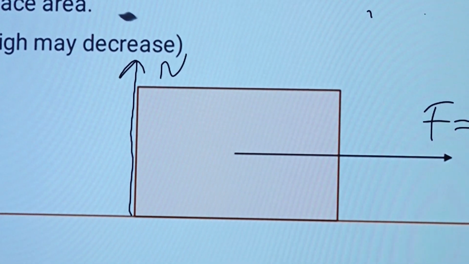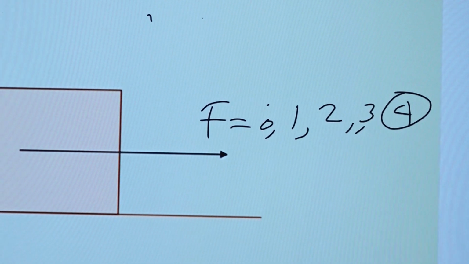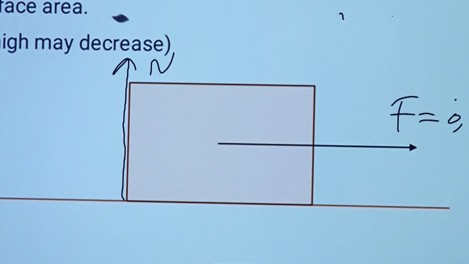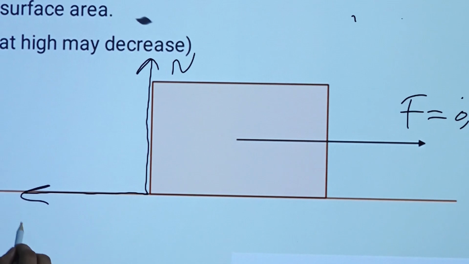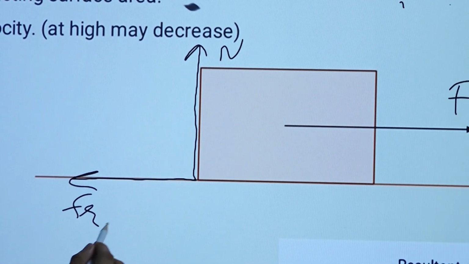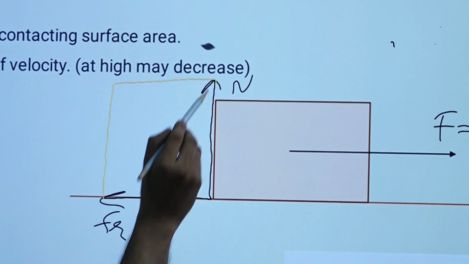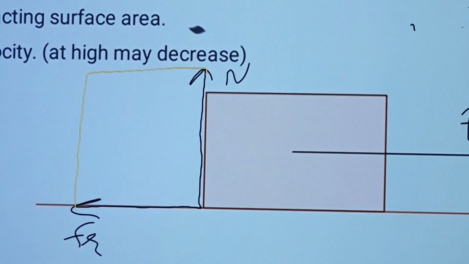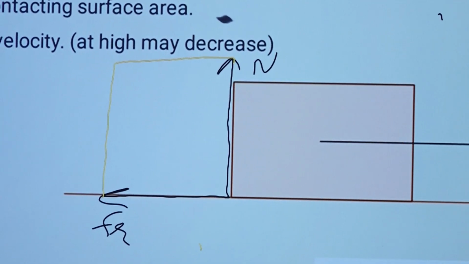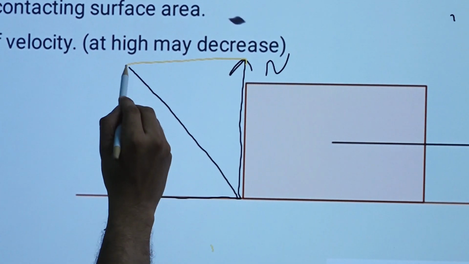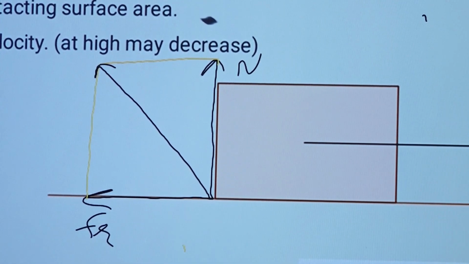This is N. Suppose the threshold value is 4, that is, when the external force is equal to 4, we reach the threshold value. After that, this block starts to move. When the threshold value is reached, this friction force is obviously equal to 4. Now we make this parallelogram again, this rectangle, and with its help we find the resultant force. This is the resultant reaction R between our body and the surface.